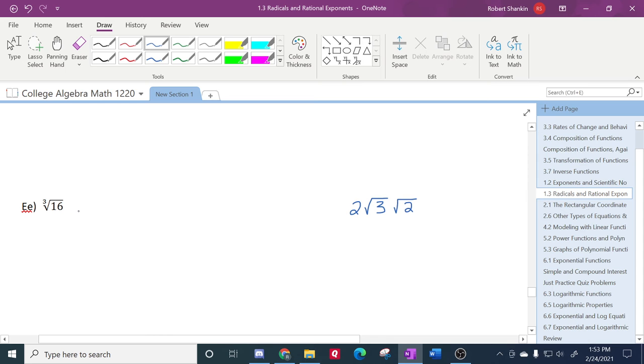All right. Now, one thing, since this is totally new to us, that I want to point out here, is that if you don't write a number out here, then it's assumed to be a 2. This is a square root and a square root.